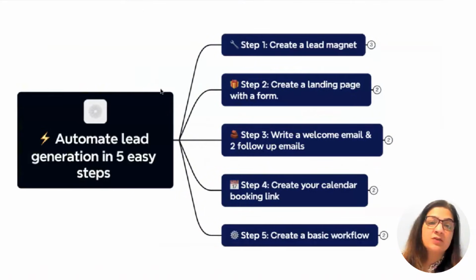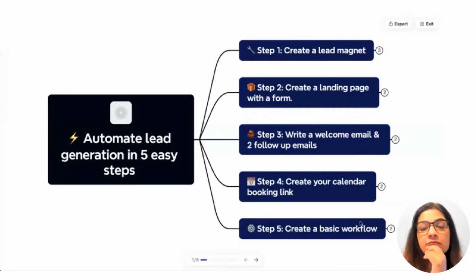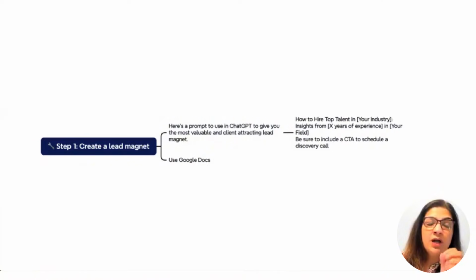All right, so we're going to create a lead magnet. For that, actually, I need to go to ChatGPT first. Here's the prompt to use in ChatGPT to give you the most valuable and client-attracting lead magnet. The reason why I love this is it automatically makes the client want to hire you.